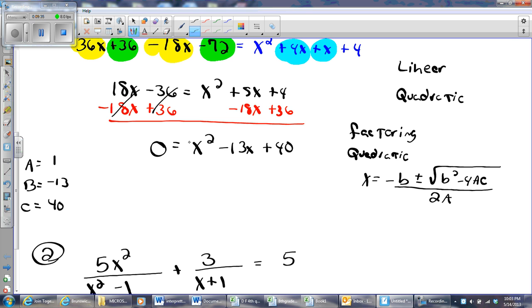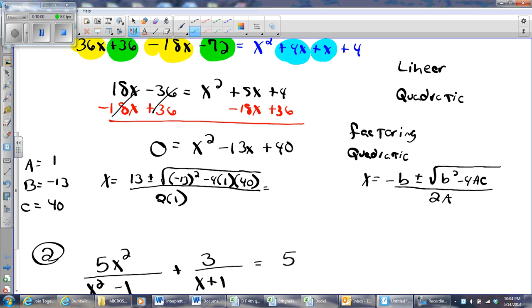So I'm going to plug these numbers in, and I'm going to get x is going to be equal to the negative of b, which will be 13, plus or minus the square root of -13 squared minus 4 times 1 times 40. And that'll be all over 2 times 1.